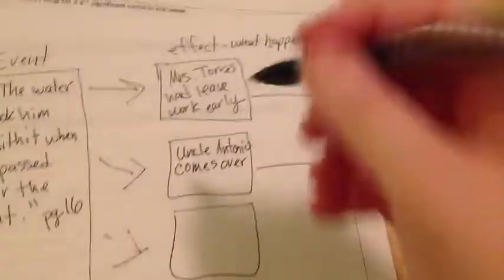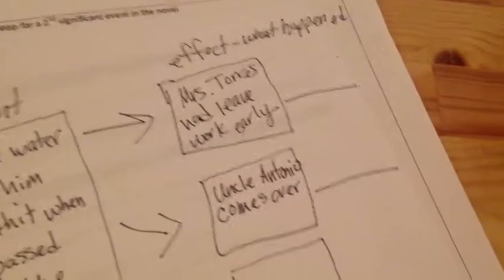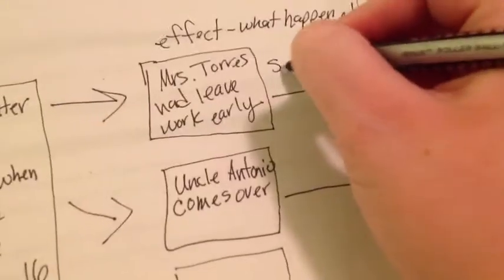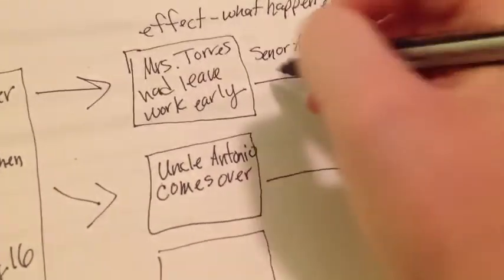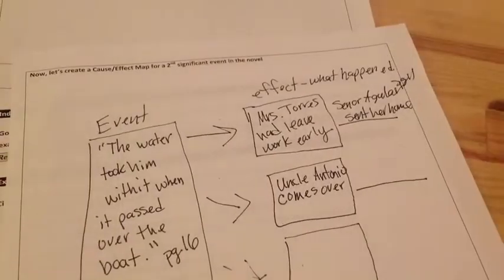Okay, so I'm going to put where she says Senor Aguilar sent her home. Let's go ahead and put that. Senor Aguilar sent her home. And that is on page.